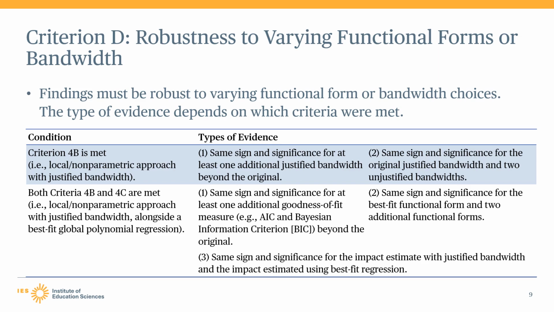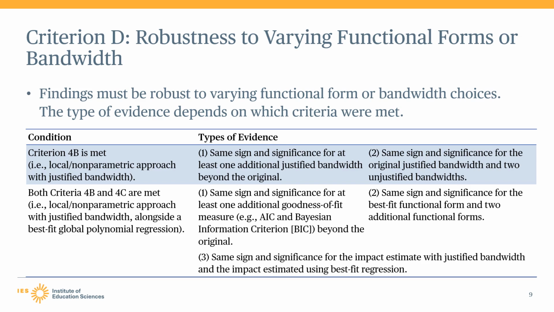In the case where a study attempts to demonstrate multiple forms of robustness, the study meets RDD Criterion 4D so long as one form of the robustness check meets the WWC's requirements. For example, imagine the authors from a study that satisfied Criterion 4B demonstrated that the effect was positive and significant for two estimates using a justified bandwidth, but an estimate from an unjustified bandwidth was negative and non-significant.